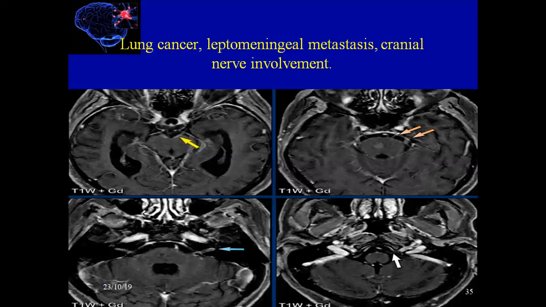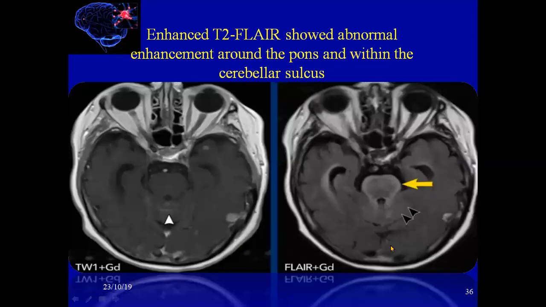Lung cancer can also show leptomeningeal enhancement and also cranial nerve involvement, which shows the cranial nerve enhancing here, as we see here in the pontine angle. This is leptomeningeal enhancement. Also, this is a nerve which can show enhancement in the lung cancer patient.